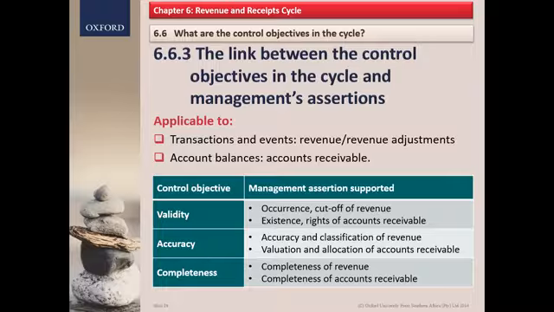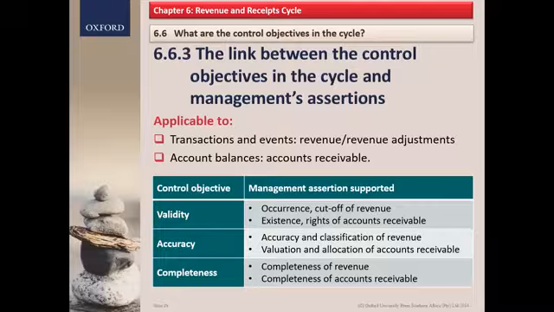Then completeness within that particular period: looking at sales journals, have all our delivery notes and all our invoices been captured in that period? Everything has been captured. No sale has been left out. Management has to prove that to us as part of that assertion.